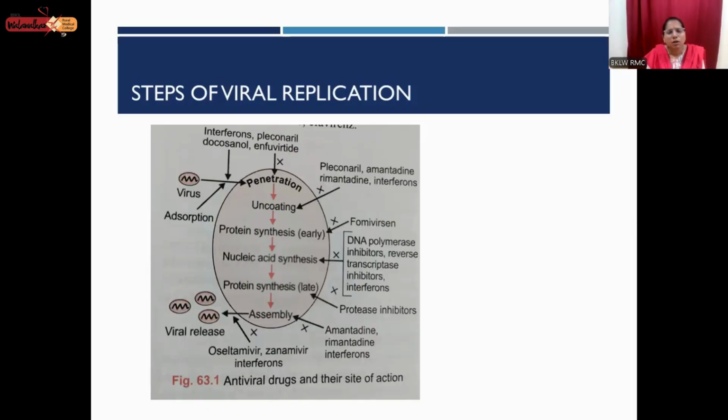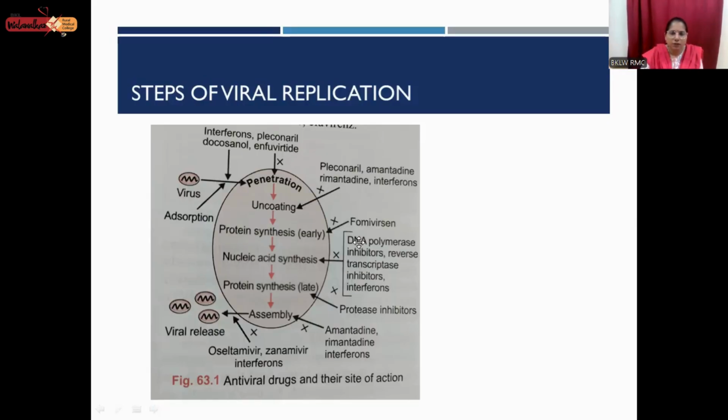Whatever proteins and ions are required will be dependent on the human cells. So these are the different steps where different antiviral drugs are going to act.